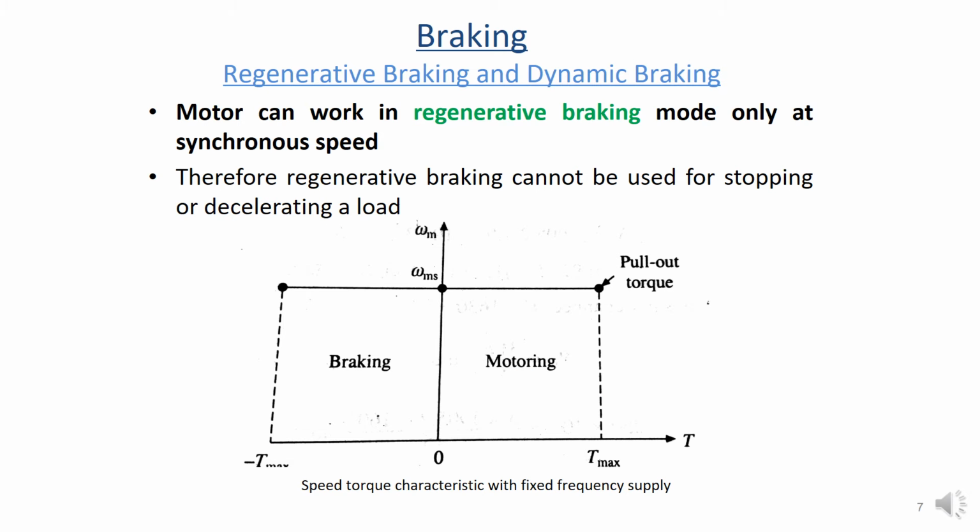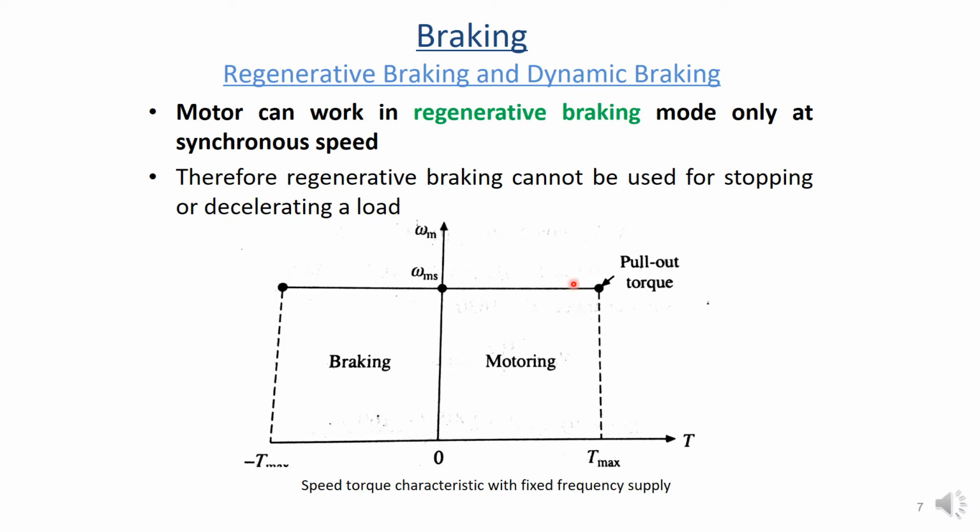Let us see braking of the synchronous motor. There are two types of braking, regenerative braking and dynamic braking. You can see this is the speed torque characteristic of a motor with a fixed frequency. We have only a single line because it is a synchronous machine, so it only works at synchronous speed if the frequency is fixed.